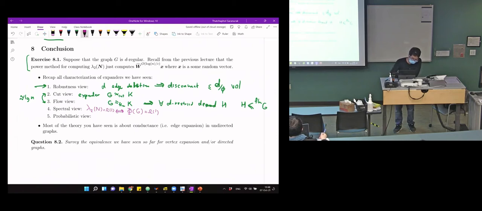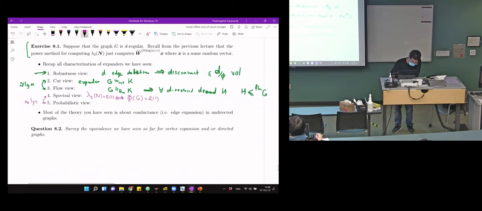And we have also seen that from the last view, this is also within log n factor from the inequality that we have seen. And yeah, this is basically mixing time is 1 over. And this thing is basically Cheeger. Great. So yeah, this is quite beautiful.